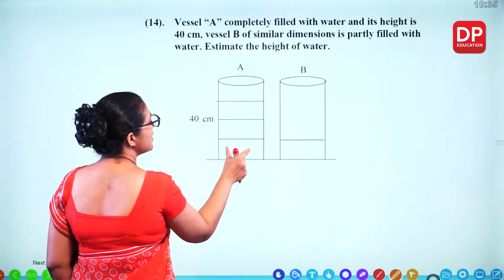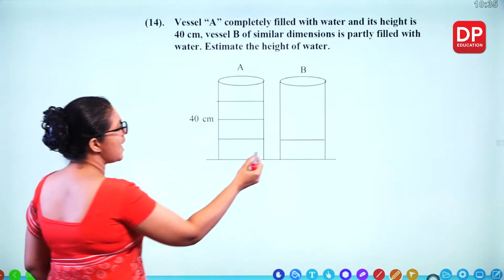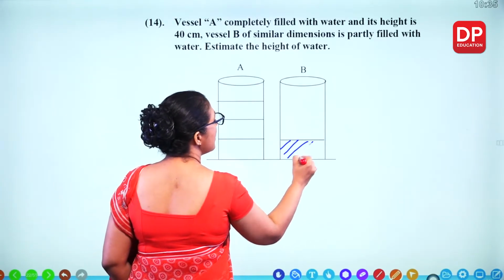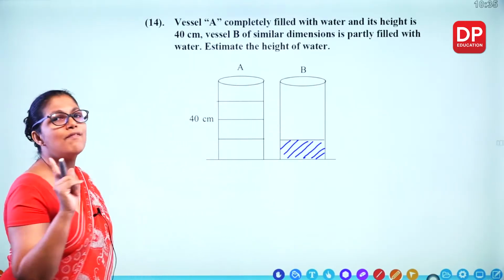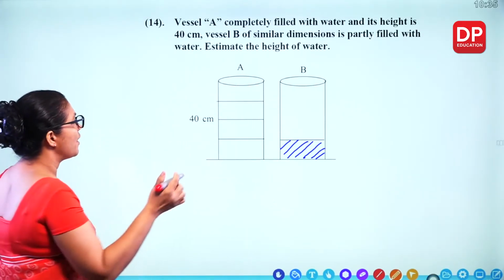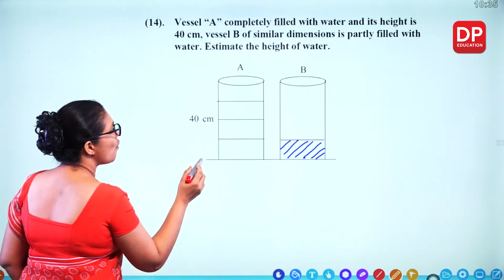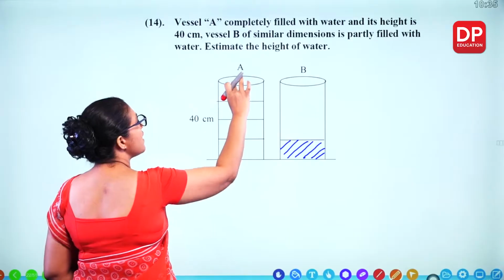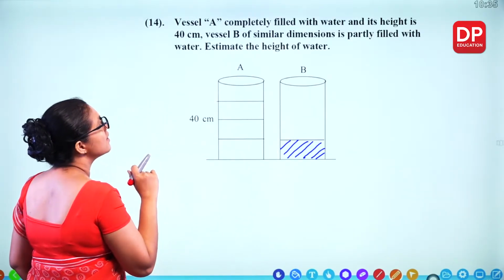So you get same portion 4 times. So how we can estimate this height? We can say 40 divided by 4 because the total length is 40. 4 parts are there. So what about the height of one part?